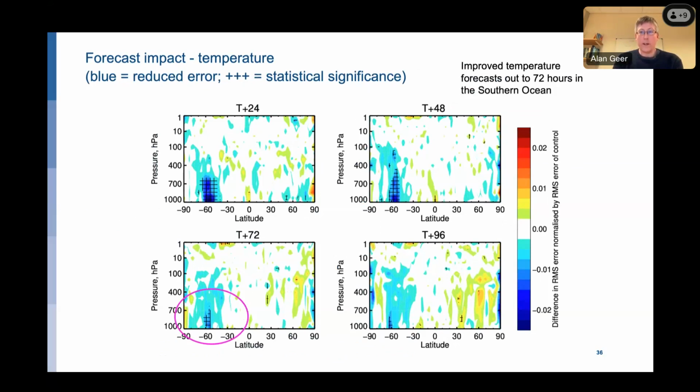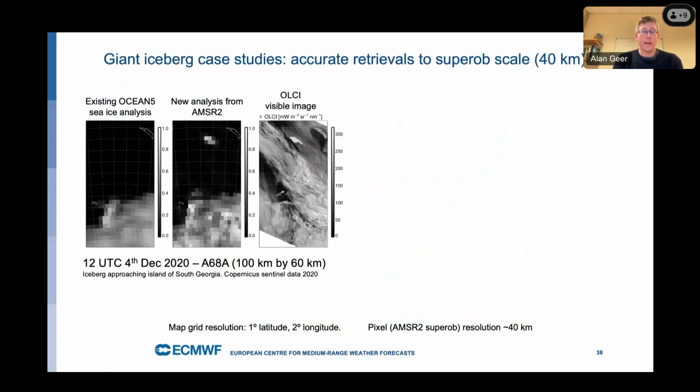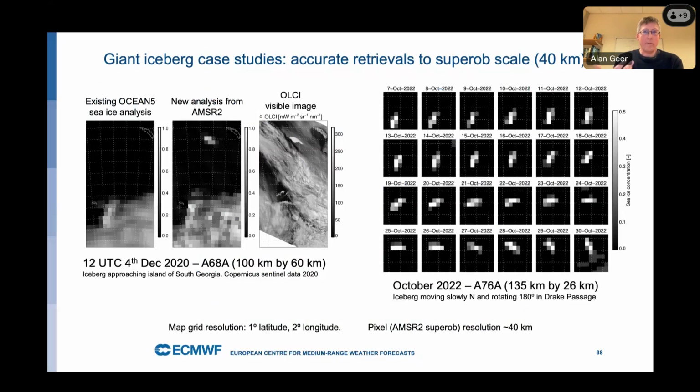So assimilating data over sea ice really brings new information to the forecast, and it also brings really nice pictures of sea ice. And this is just an example of the large icebergs being estimated in this system, without going into detail.